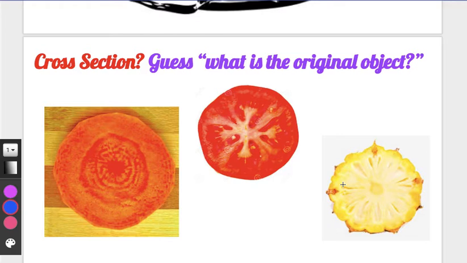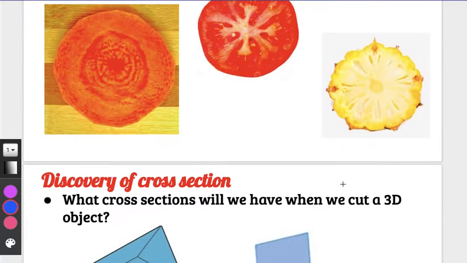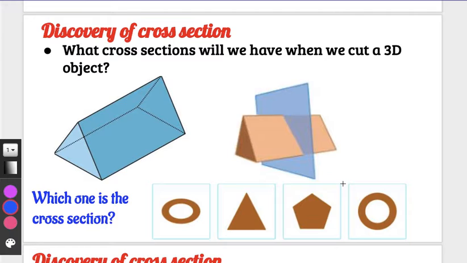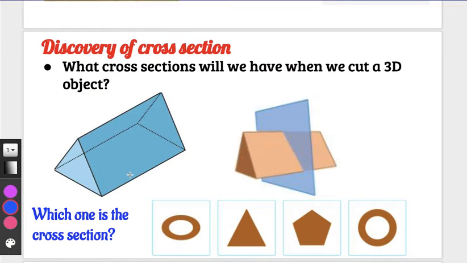To help you better understand this, let's have another practice. As you can see here, this is a triangular prism, right? We have a triangle here and a triangle in the back. Consider this glass like a knife, cutting through this triangular prism.